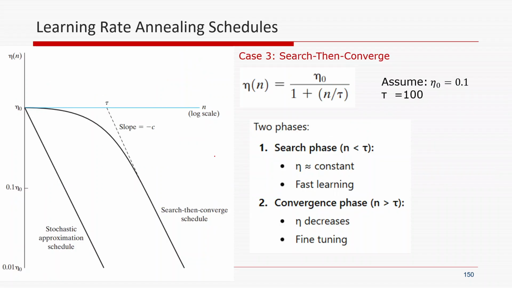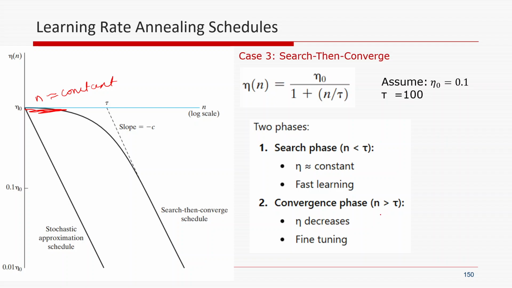What we are trying to understand here is, in search then converge, when n is less than τ, the learning rate is almost constant. That is, η(n) is approximately equal to a constant. And we are looking to update the weights and learn in a fast manner.